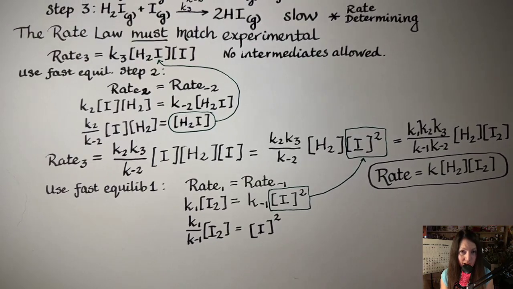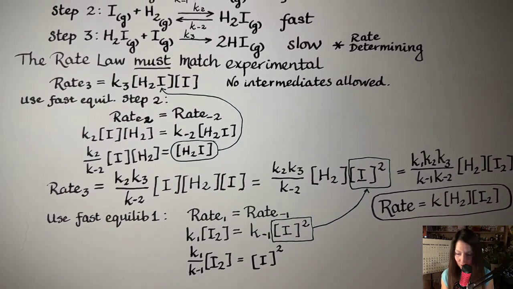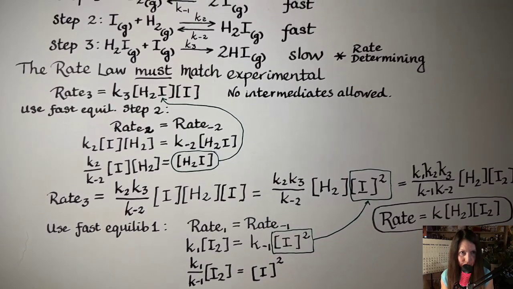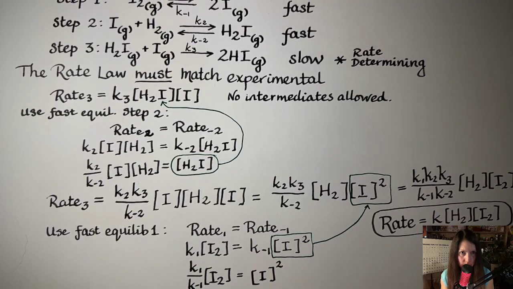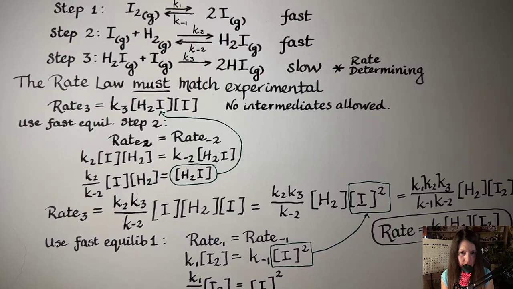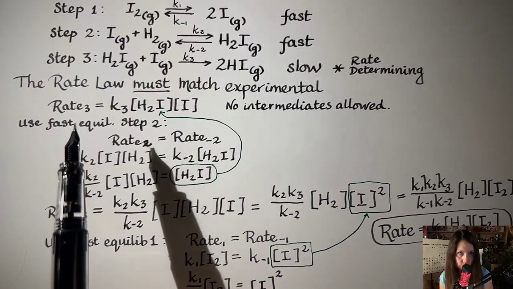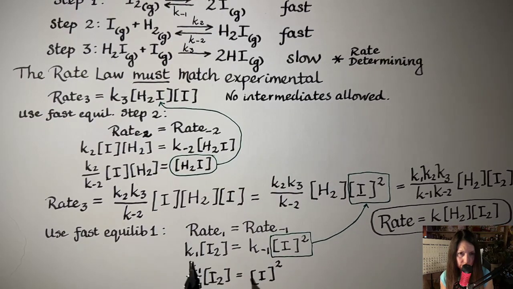Okay, not trivial, right? Let's see if I can get all of this on here. Okay, very close. Not quite. But we can see here with this 3-step mechanism, we had to go through 2 of these substitutions.